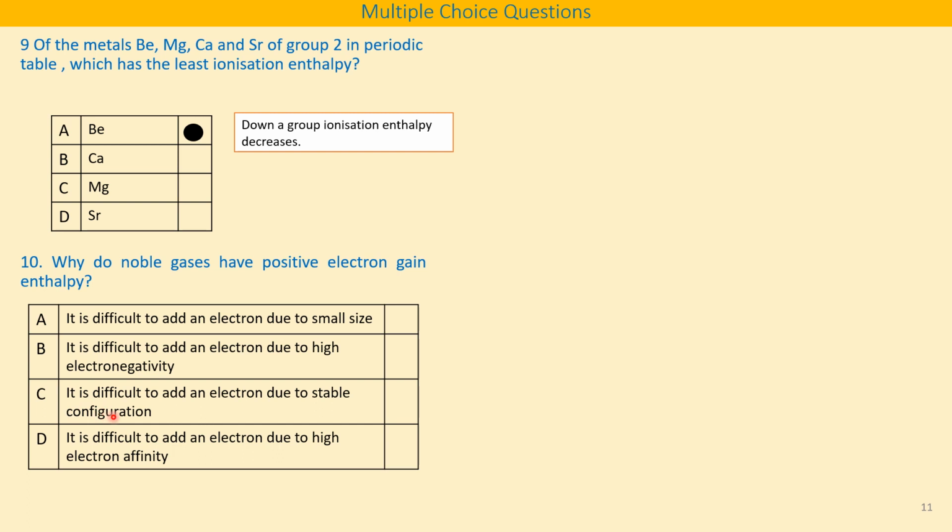Option C. It is difficult to add an electron due to stable configuration. Option D. It is difficult to add an electron due to high electron affinity. Four options are given. Please pause the video and analyze. I will give the correct answer.